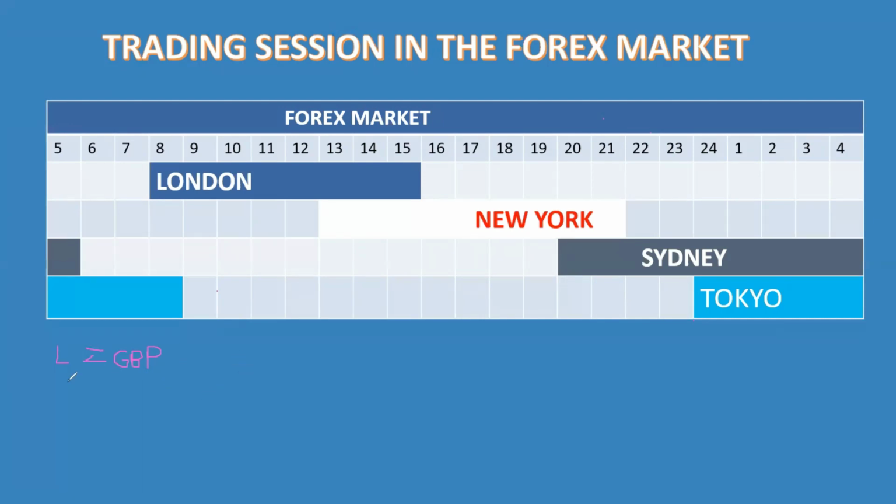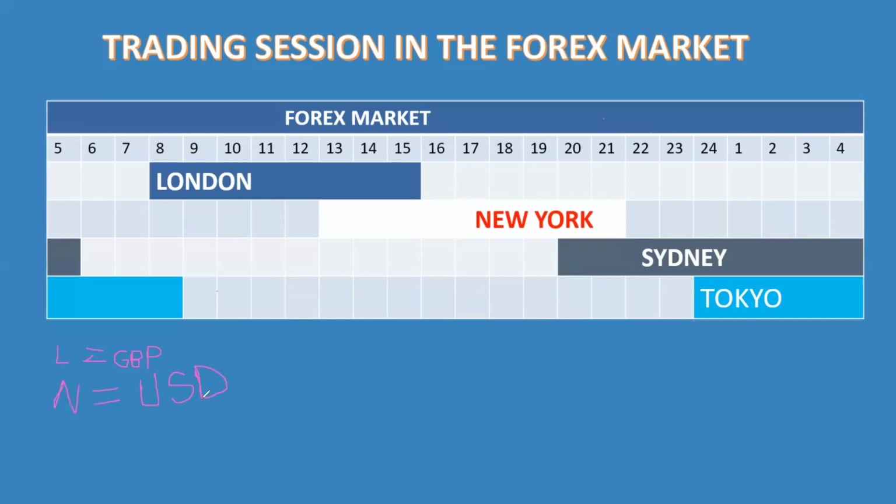Then for New York section, the currency that is active in New York section is United States dollar. This currency is highly volatile around this section. You know, not just the currency alone, when it is paired to another currency, that's what I mean.